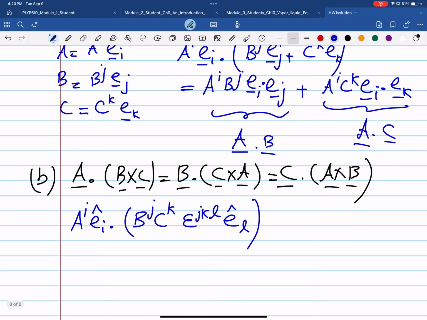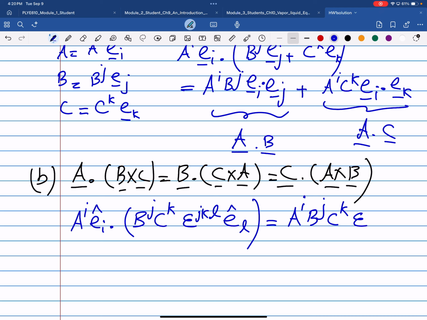So this is going to be A_i B_j C_k epsilon. Okay, then you want to keep l? But you told me A_i. There won't be another epsilon, right? No. There's one cross product, one epsilon. Sure, but you have a choice here.